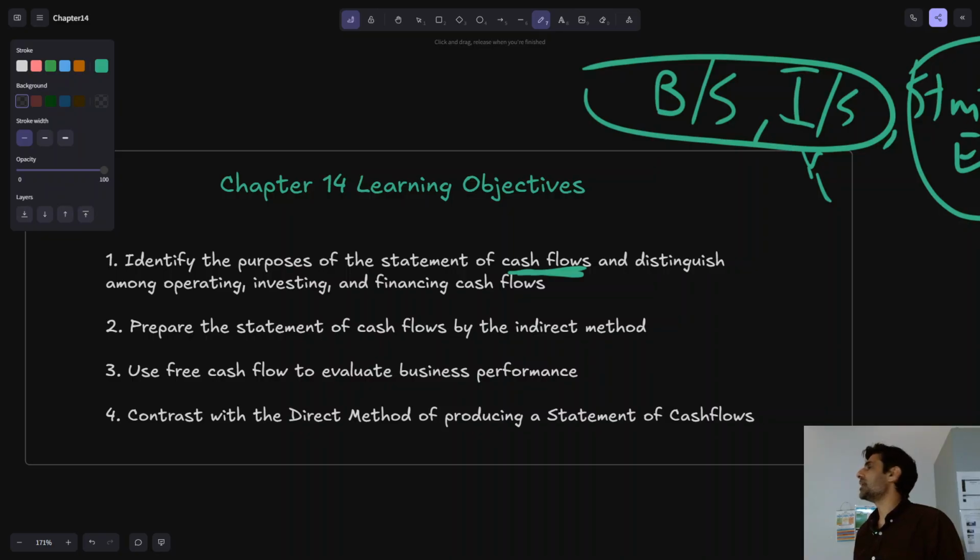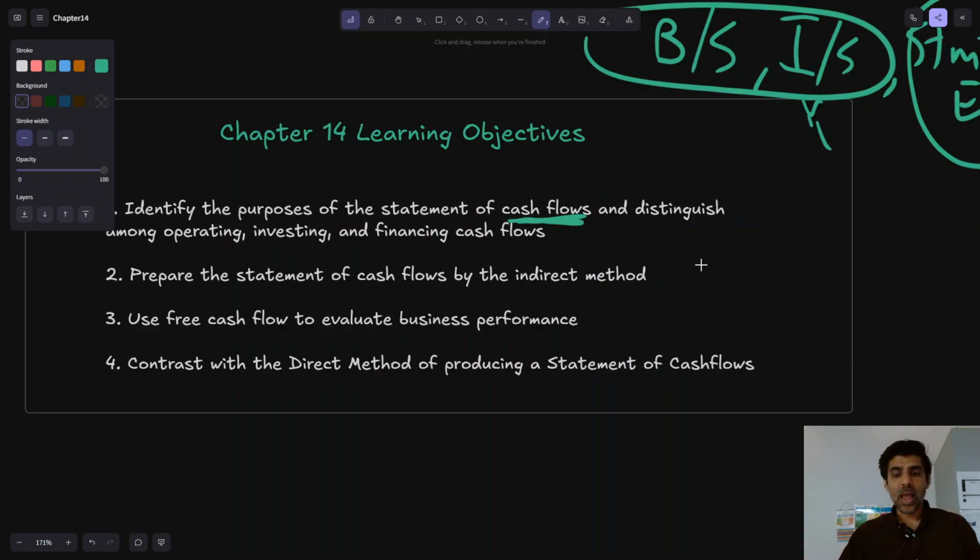And so you wouldn't really need a cash flow statement. But since GAAP and more complex businesses use accrual for all the reasons that we talked about, matching principle, conservatism, all those principles, we are going to need a way to cut through all of that and look at the cash that's going in and out. And that's what the statement of cash flow is trying to achieve.